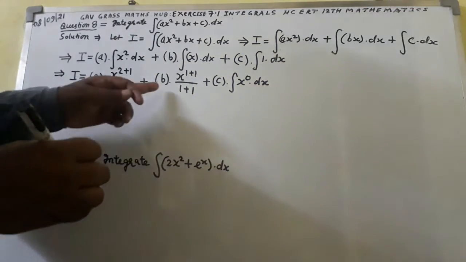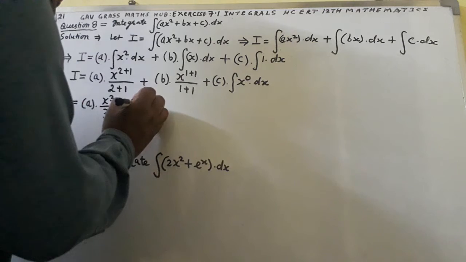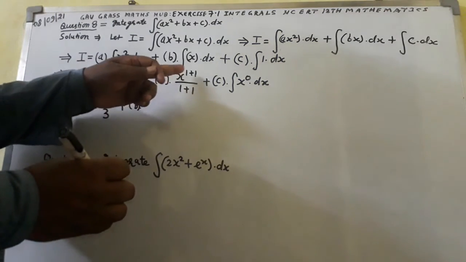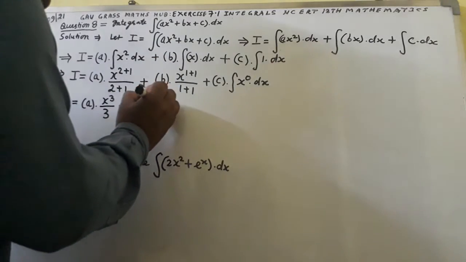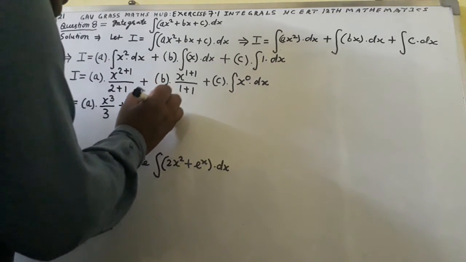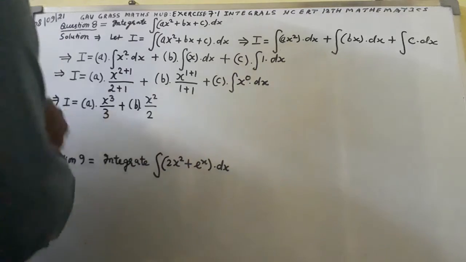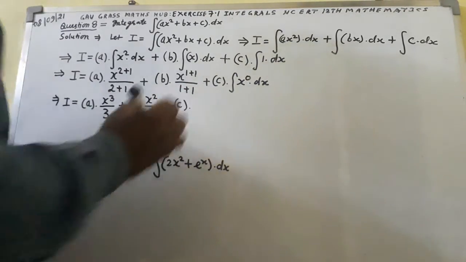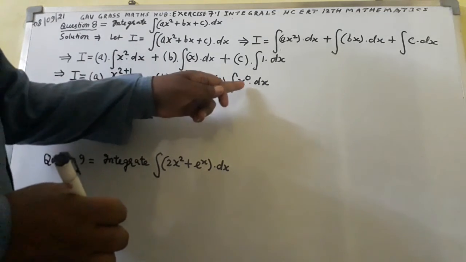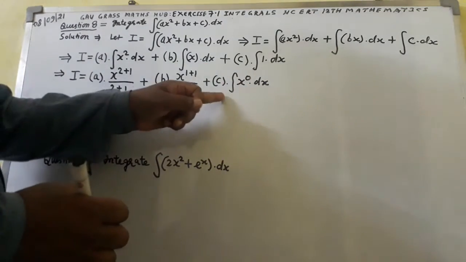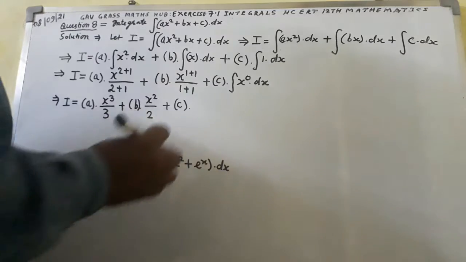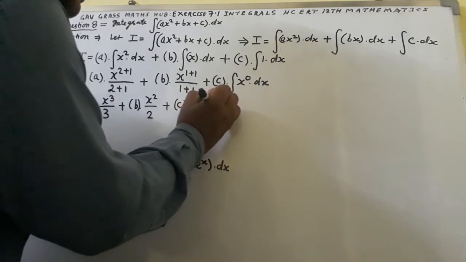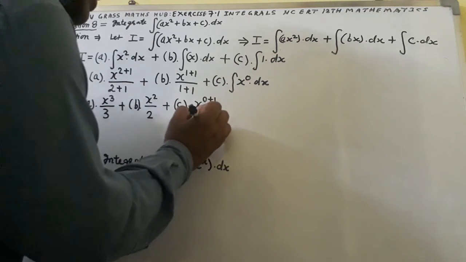Plus b, I shall write x raised to the power 1 plus 1 comes out to be x square over 2, plus c, integral x raised to the power 0 dx comes out to be x raised to the power 0 plus 1 whole over 0 plus 1.